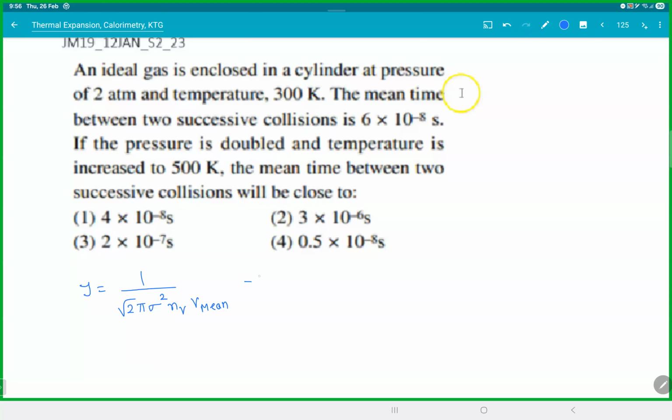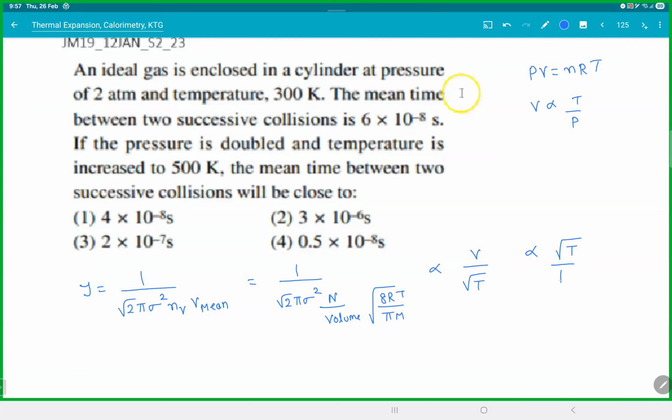So this is proportional to 1 by root 2 pi sigma square, this is N by volume, and this is root of 8RT by pi M. So this is proportional to volume by root T. But if you see in the question, everywhere they're talking about pressure and temperature, means this time you don't want volume. So from the ideal gas equation, PV is equal to nRT, eliminate volume. So V is proportional to T by P. If you substitute this here, you will end up with root over T by P. That is all we had to do.